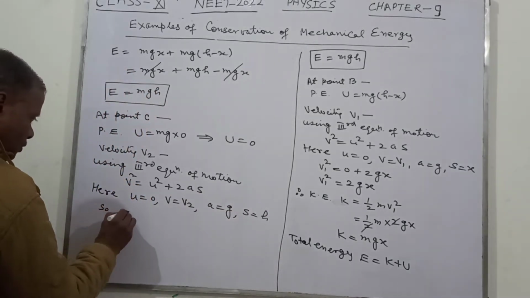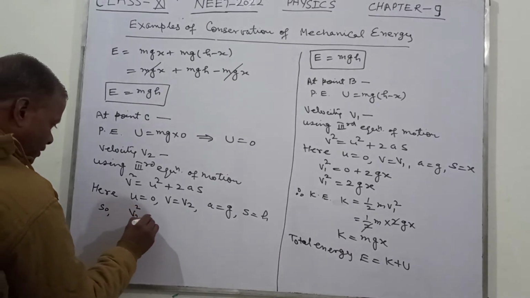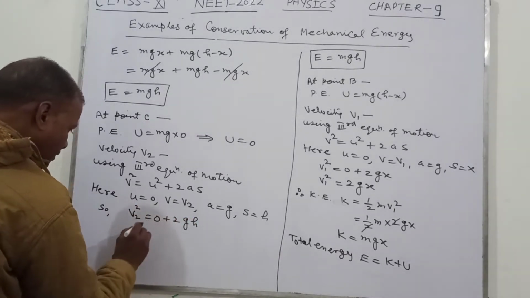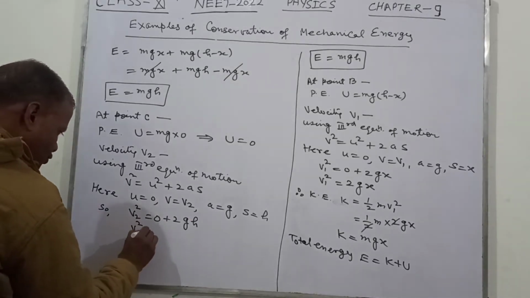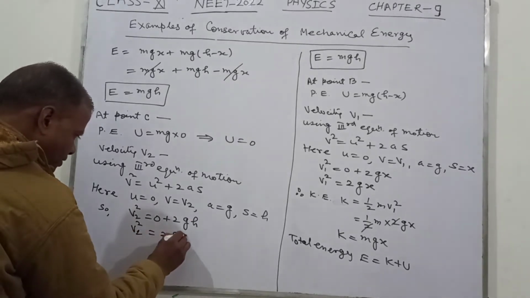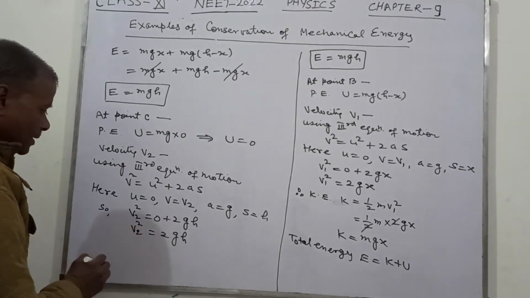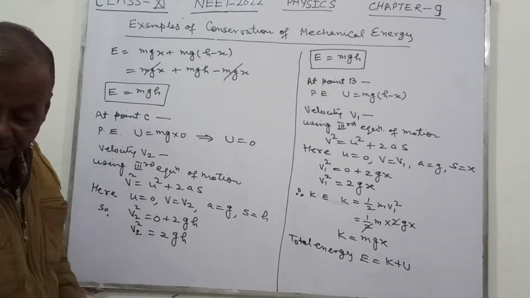So this v2 square equal to 0 plus 2g into h. So v2 square equal to 2gh. This will give you the velocity. And now find the kinetic energy.